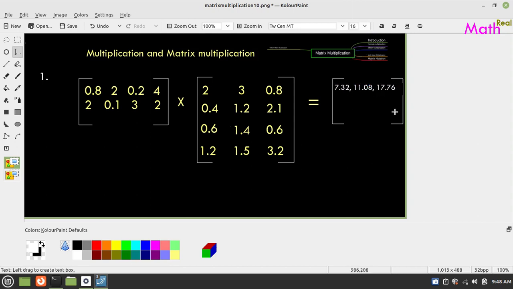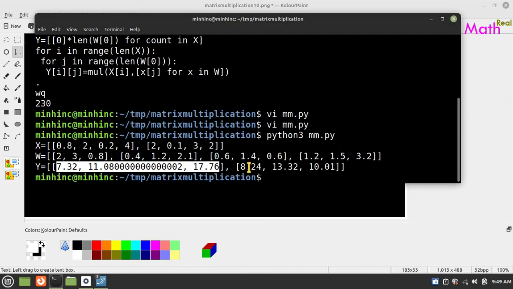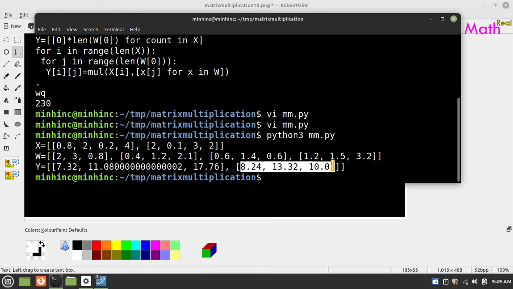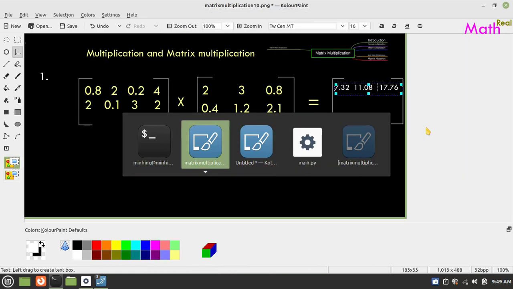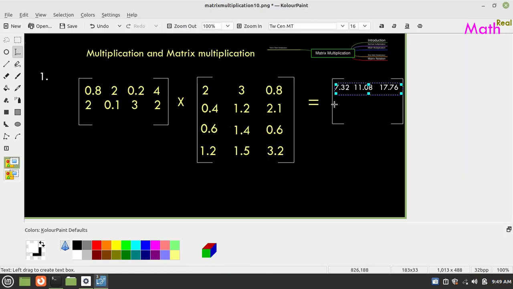So this is the first row. And we'll paste the second row. So first row and second row. So this is the output.